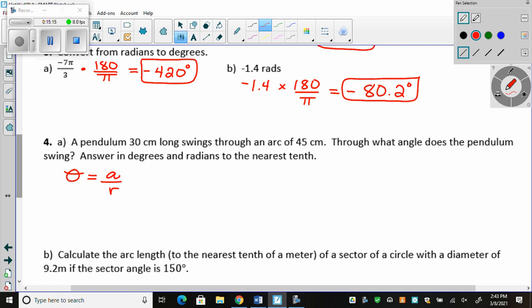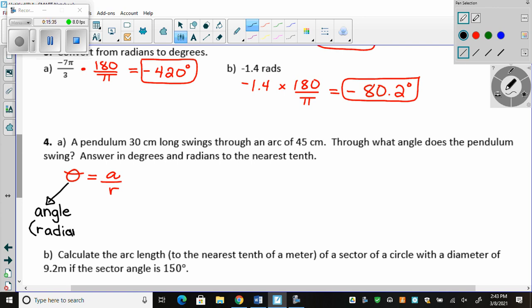Now, we need to know what they stand for. Theta is your angle. This is true, but your angle has to be in radians.